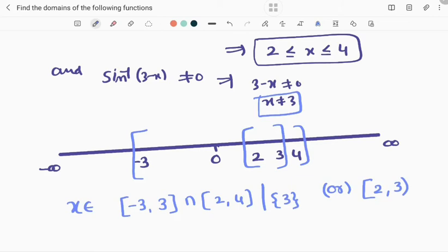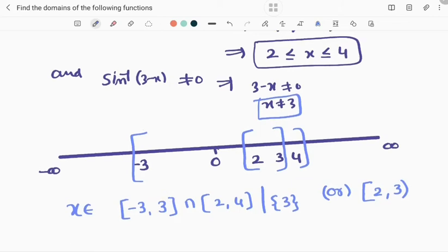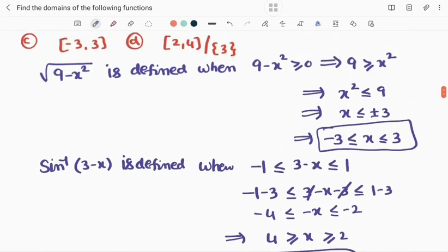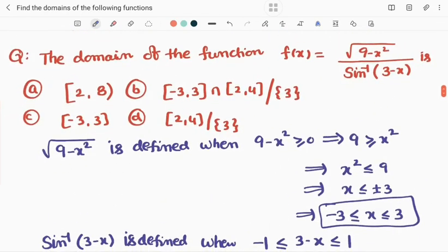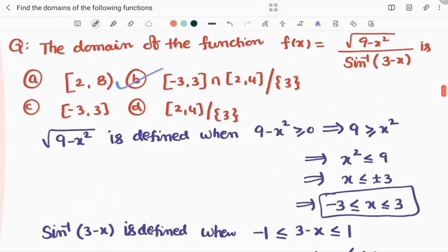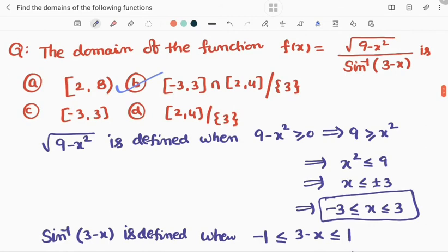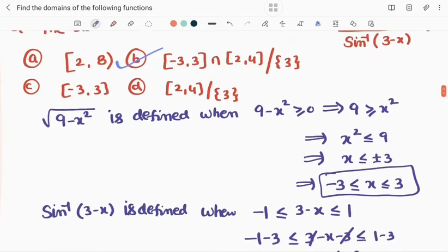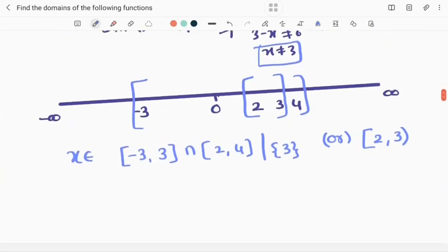But according to the options we will go. So the second option is coming: closed -3 to 3 intersection closed 2, 4, in which the value 3 cannot be defined. I hope everyone understands. We will move to the next question.